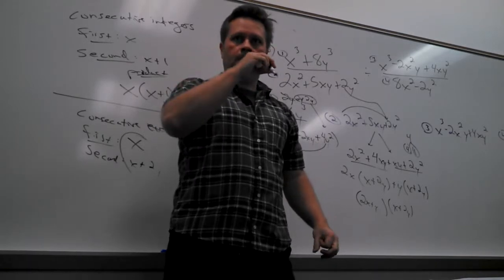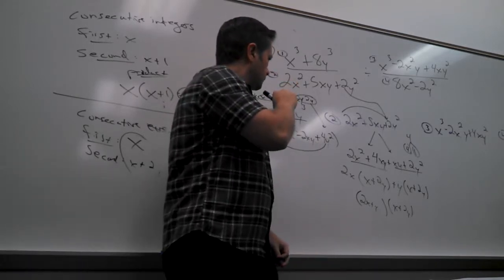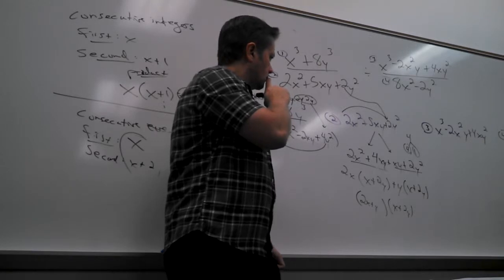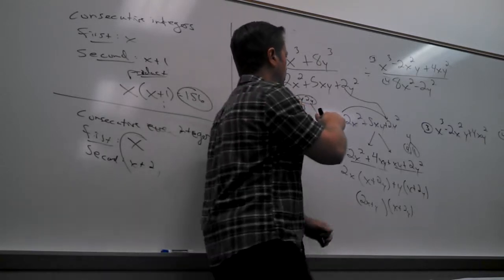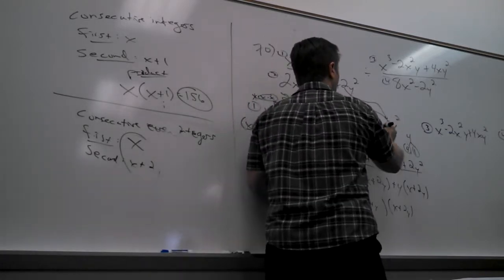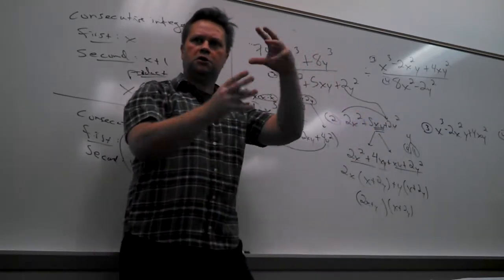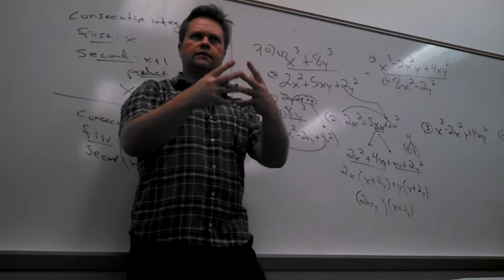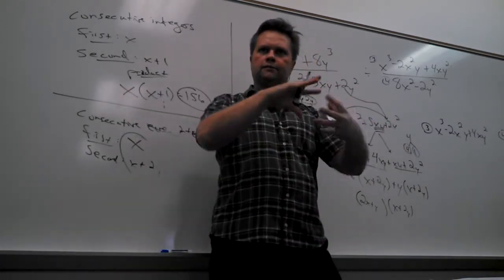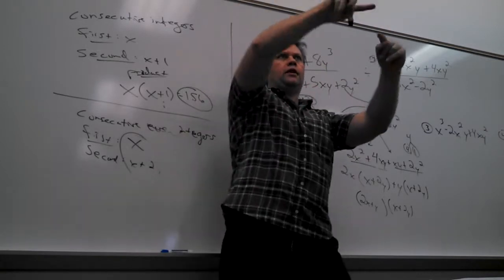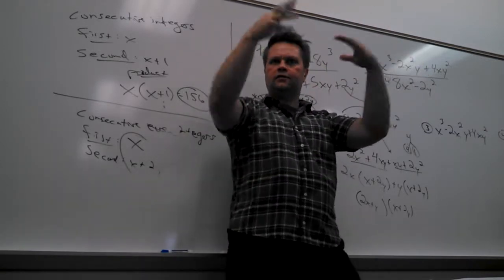But is that in the correct order? Like, would it be 2x squared plus 2y squared plus 5xy? Oh, no. The middle term will almost always be the mixture term. When I say that, do you see what I mean? You've got x's, you've got y's. The middle term should be the one that has both of them, because he's the one that multiplies across. He's going to have x's and y's in it.